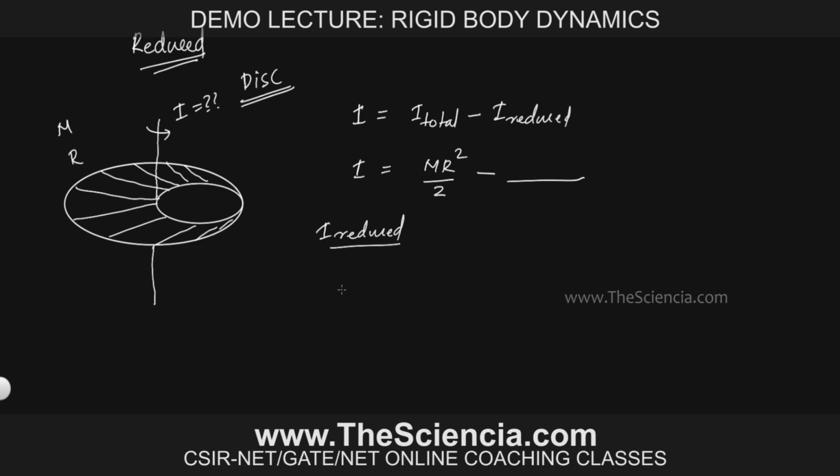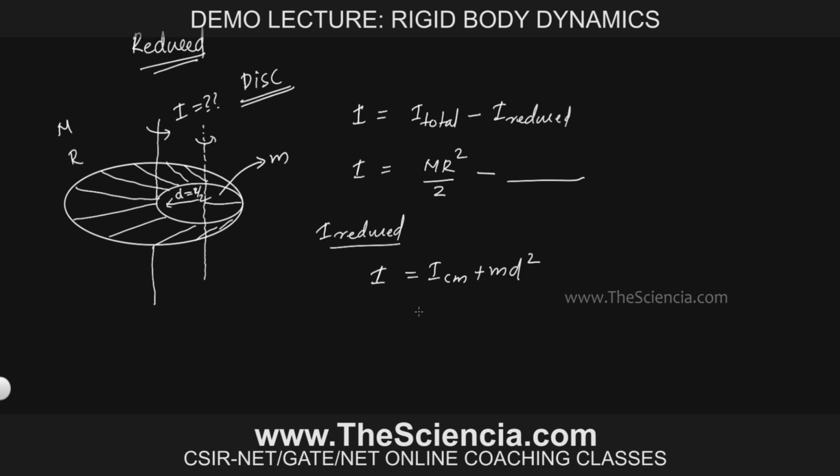Now we are going to calculate I reduced. So here this is a disk. We remove disk. So if it is rotating about this axis, we know its value. Okay, but it is shifted to this distance, that is this is the d, that is equal to R by 2. Now we can use this parallel axis theorem, that is I equal to I center of mass plus m d square. Here this capital M is for the entire body and small m for the reduced mass.